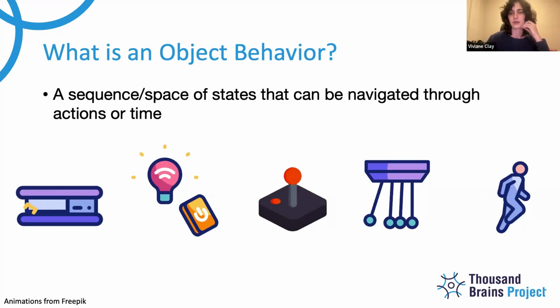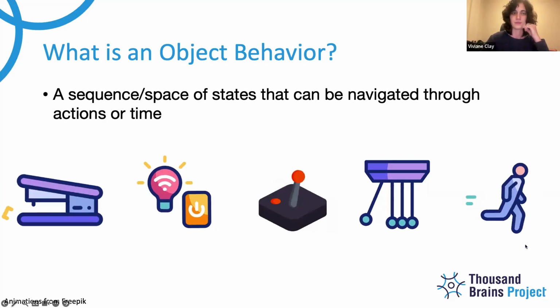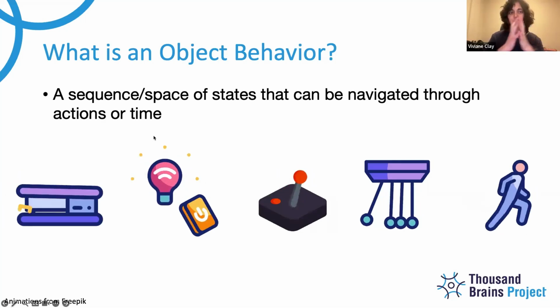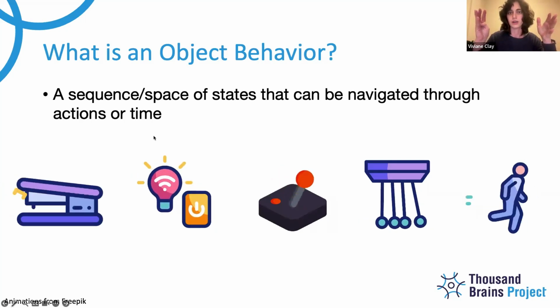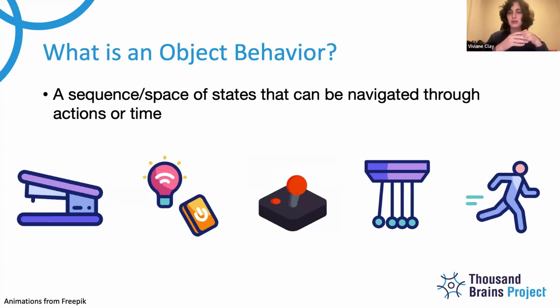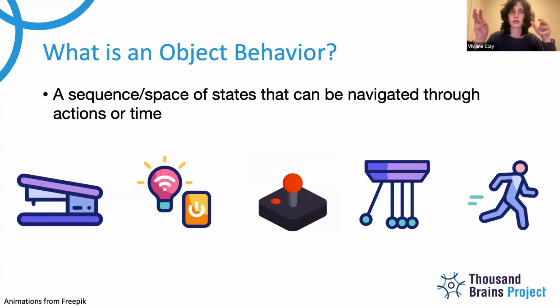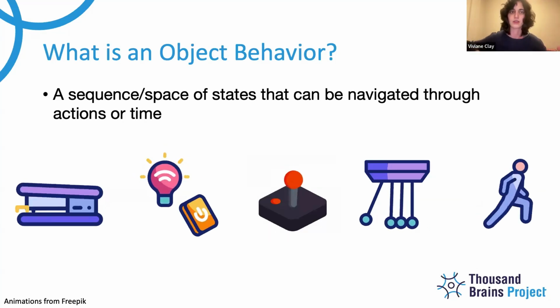And then we have very complex behaviors of compositional objects, like a human running around. But I would say all of them can be described as a set of states and rules of how you can navigate from one state to another, whether it's by the passage of time, actions that you exert on that object, or actions someone else exerts on that object.